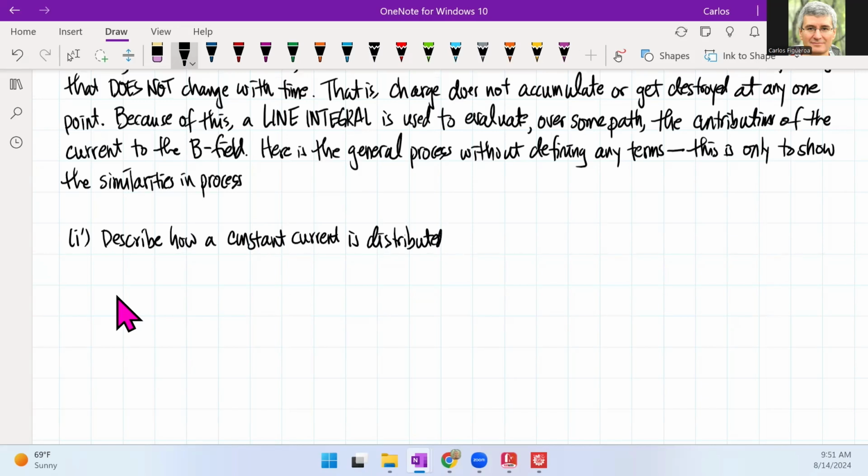Like along a line or a loop. Using a current element. Instead of a charge element, we have a current element, which we write as I ds. And that's going to be a function of position.